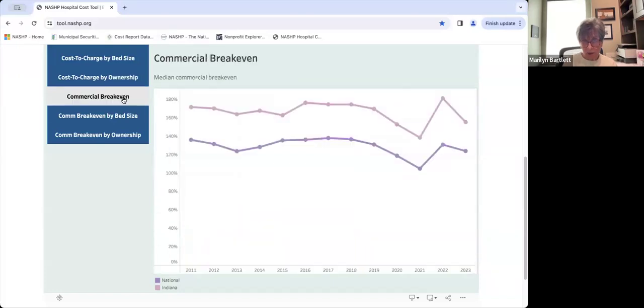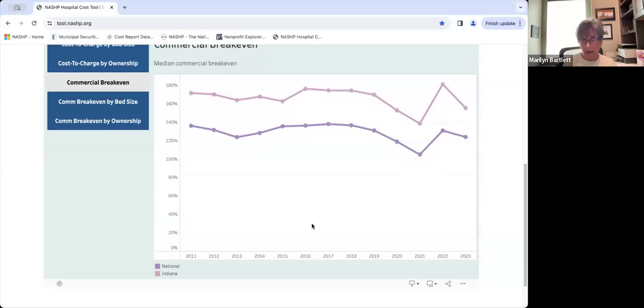But let's look at commercial break even. This is interesting because it follows the same national pattern, but is going a little bit higher than the national pattern.